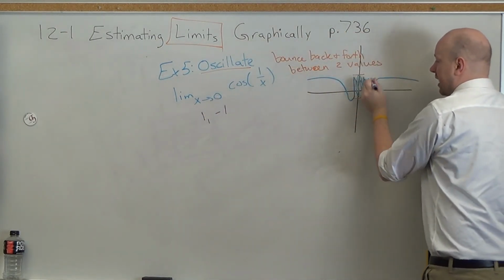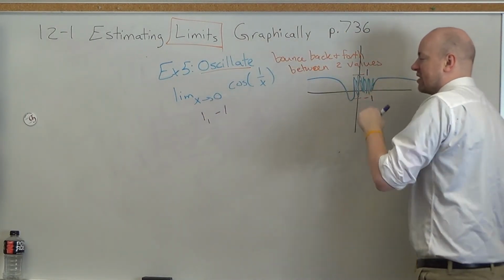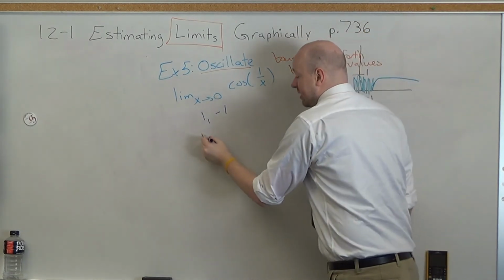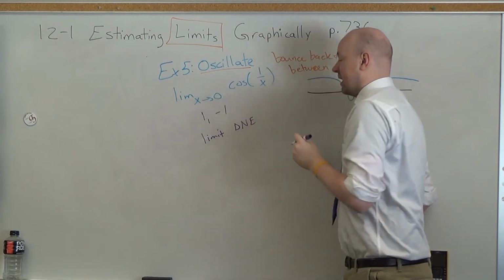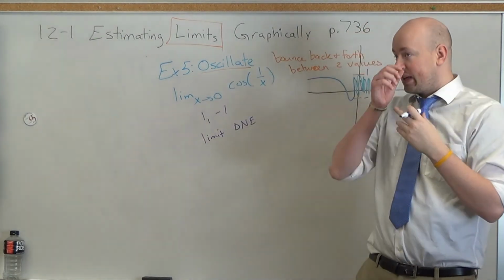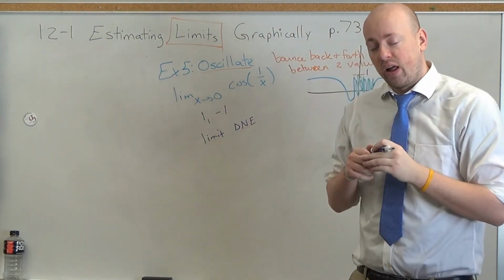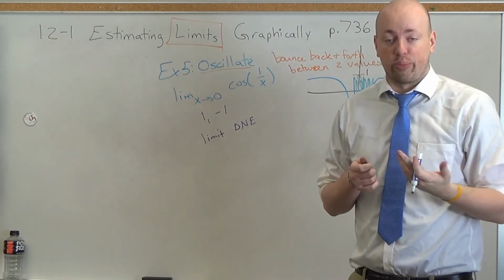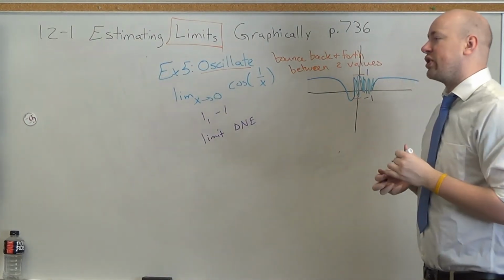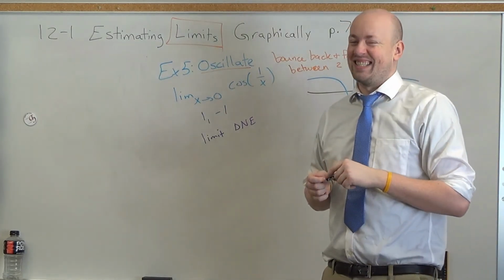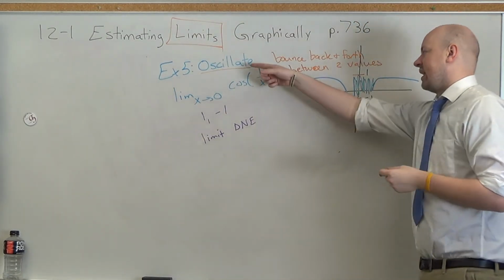As you can see, this is -1, this is 1. It's bouncing back so quickly that the limit does not exist because, again, it's happening so rapidly that it's so hard to follow that path, or if we do it algebraically, each value would essentially jump back and forth. So we treat that as a limit that does not exist because of oscillation.